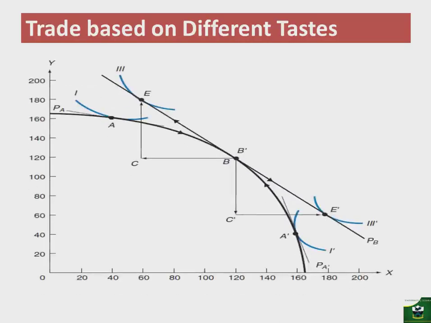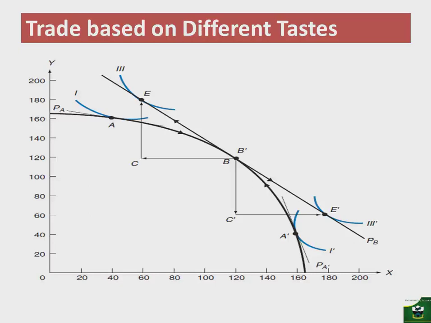Okay, so now let's look at trade based on different tastes. Now, where we are coming from, we've assumed that we are dealing with the same taste, and therefore we noted that different nations can be on the same indifference curve, or community indifference curve.